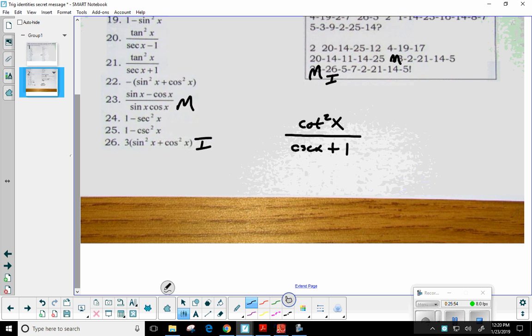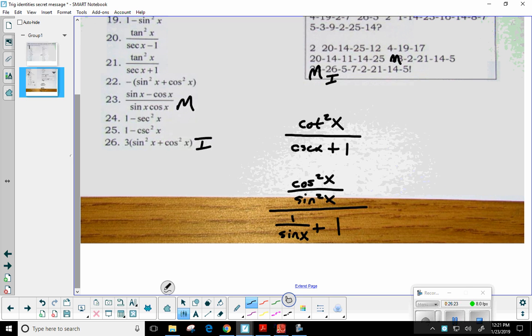What is cotangent? It's what over what? It's cosine over sine. So cotangent squared would be cosine squared over sine squared. Okay, we're going to keep that square. It's going to go all the way through. Over. Now, cosecant, what's the reciprocal? Okay, 1 over sine. And then plus 1.